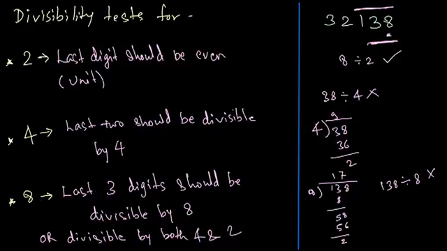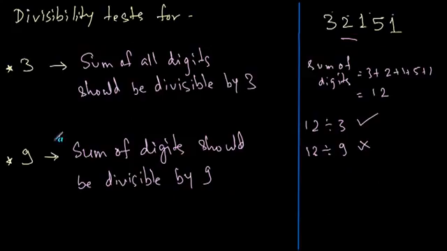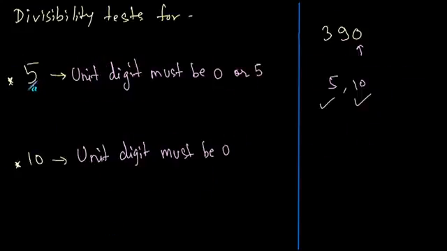In case of 8, the last 3 digits should be divisible by 8. In case of 3, we sum up all the digits of the number and see if it is divisible by 3 or not. For 9, again we sum up all the digits and see if it is divisible by 9 or not.